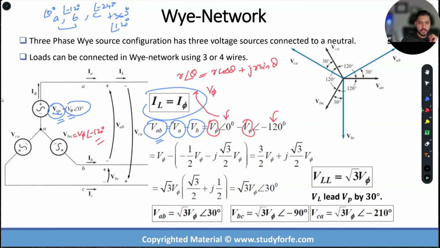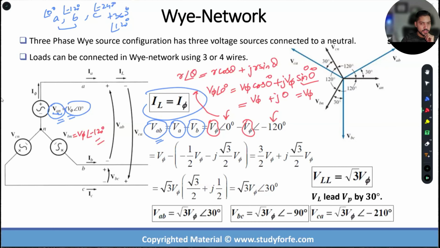If I have V phase at 0 degrees, this becomes V phase cosine of 0 plus j times V phase sine of 0. Correct? Cosine of 0 is a 1. So this becomes V phase plus j times sine of 0, which is 0. So this is V phase.